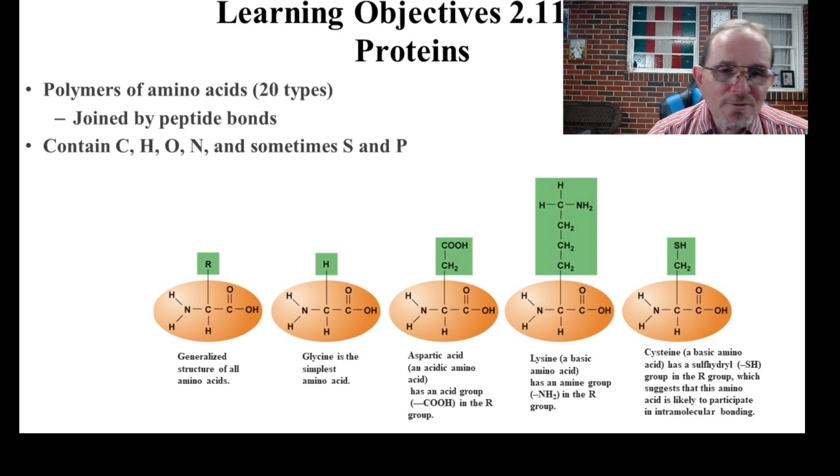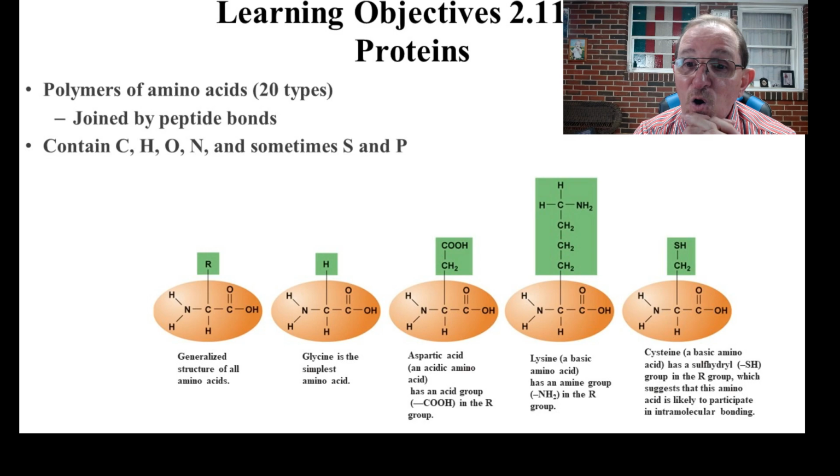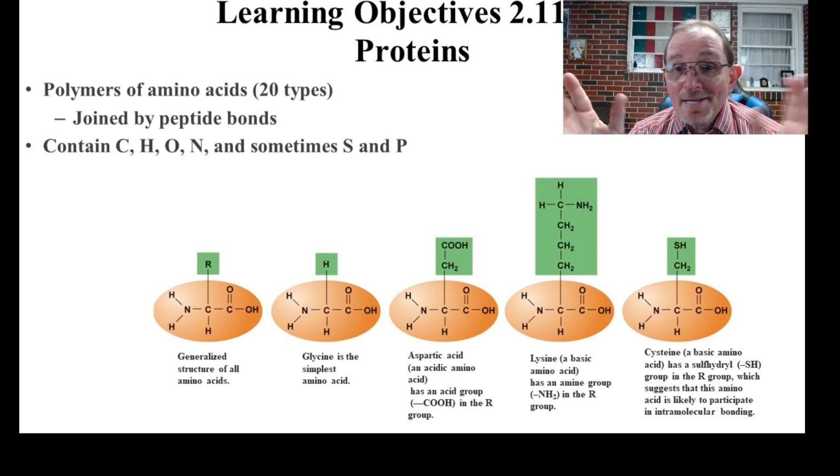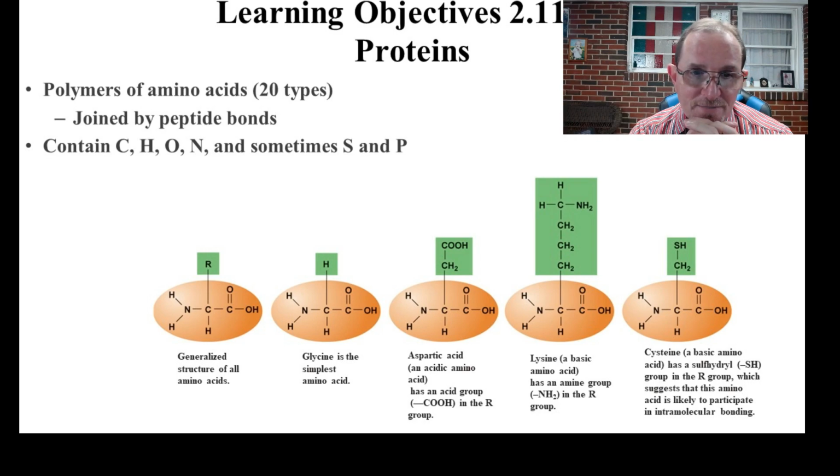Up here, this little green box is just an R. What does that R mean? That R means that there are different things that go in that box. There's like 20 amino acids, and the differences between the amino acids have to do with what is attached up here.